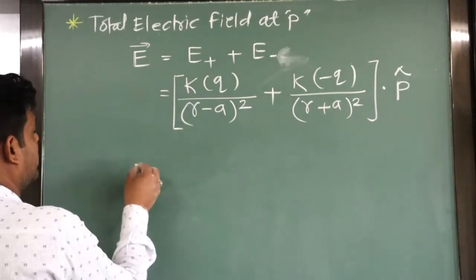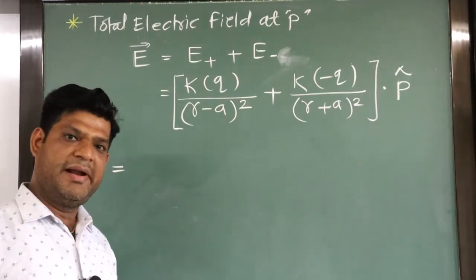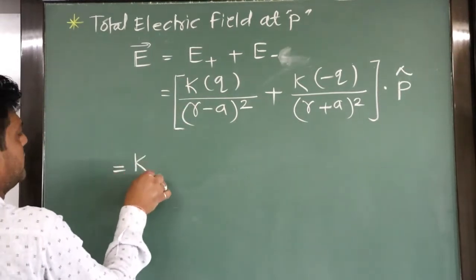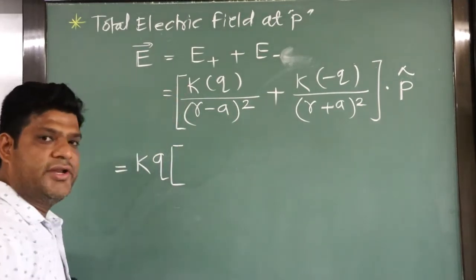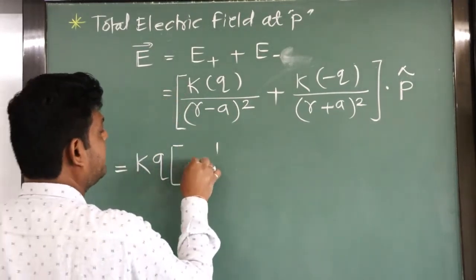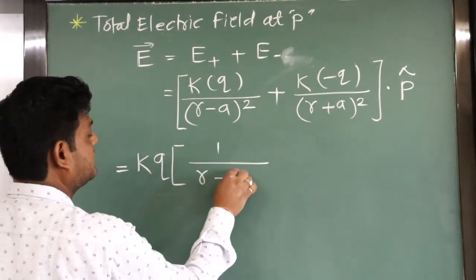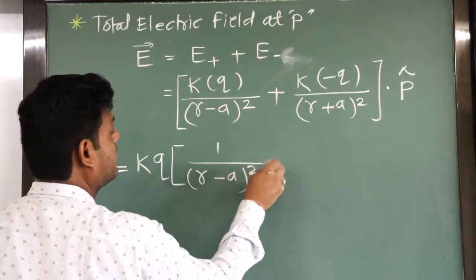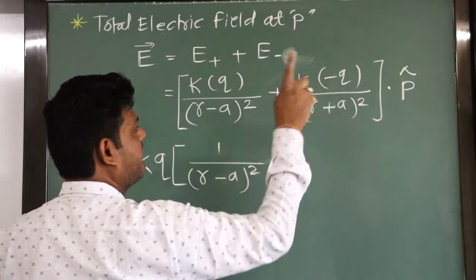See, now what we can do over here? Take the common thing outside the bracket. So k will be common, q is also common, take it outside. What is remaining over here? Only 1 is remaining. 1 divided by (r minus a) bracket square, plus, here, with kq outside, only minus 1 is remaining.